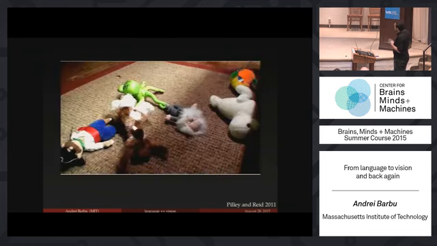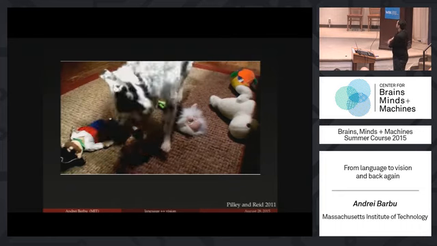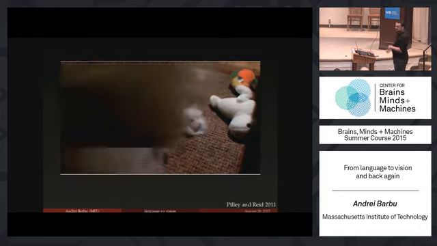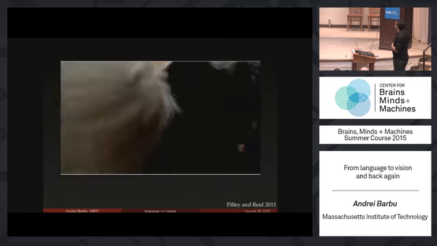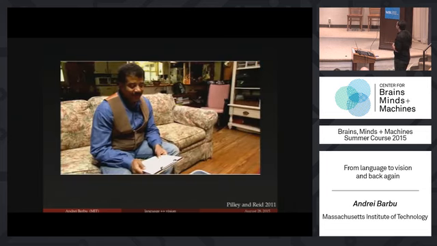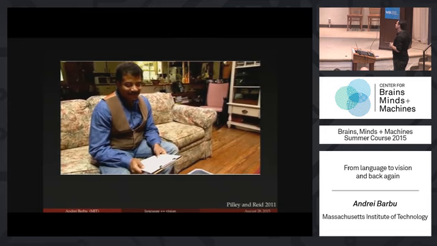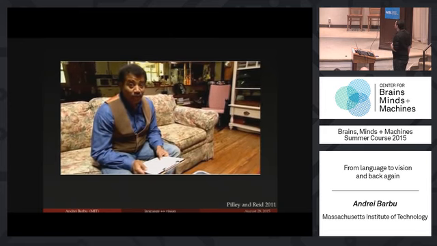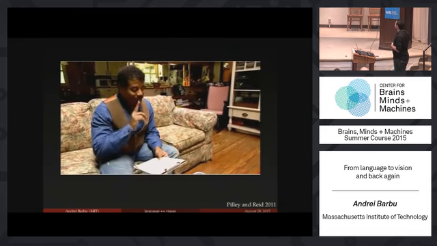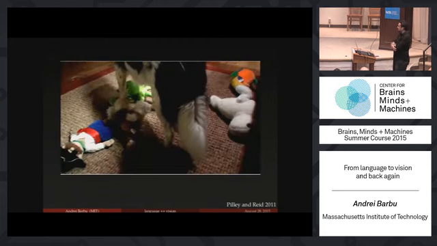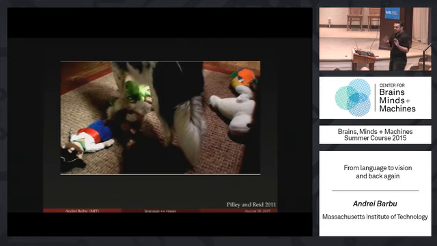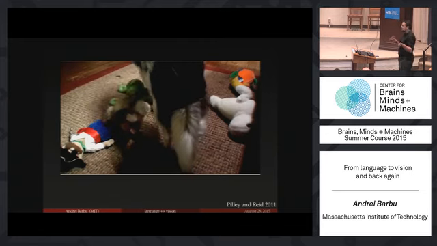OK, so it's going to go behind, and it's going to look at all the objects. The toy with the beard is the new one that it hasn't seen before. And it was there in the previous trial. So it looks around, and it's a little uncertain. Doesn't quite want to come back. We're going to see that we're going to have to give it another instruction in a moment. He's going to call it back and ask the dog to do exactly the same task again. This isn't telling it anything new.